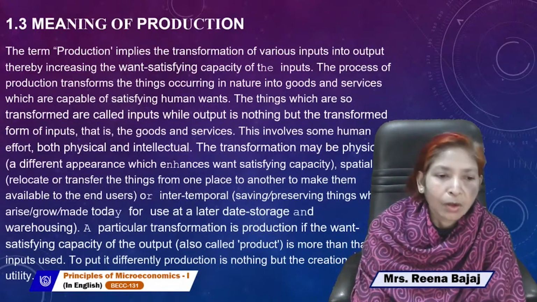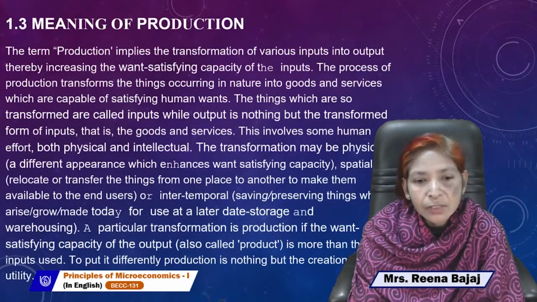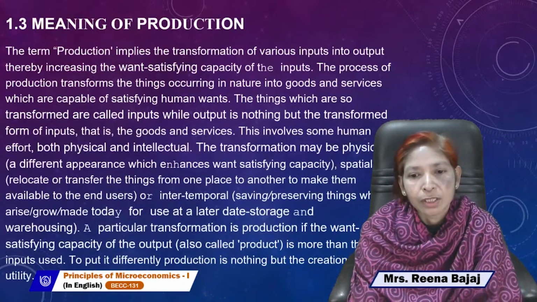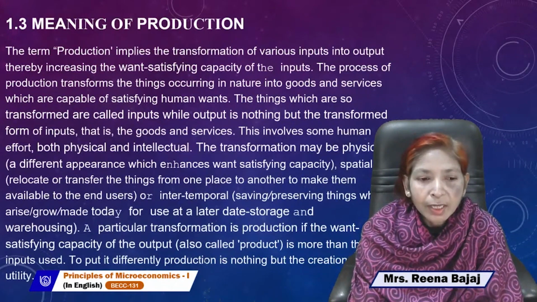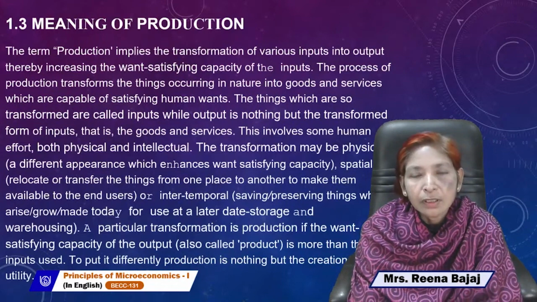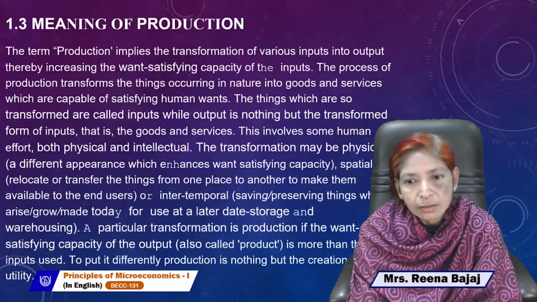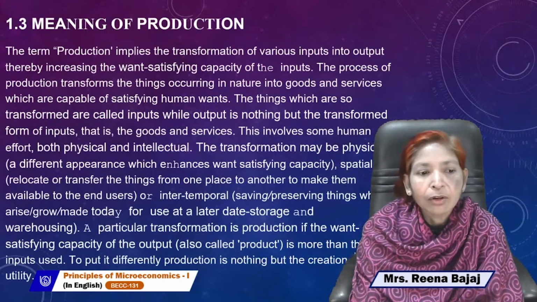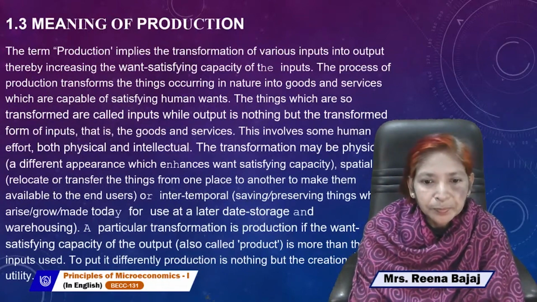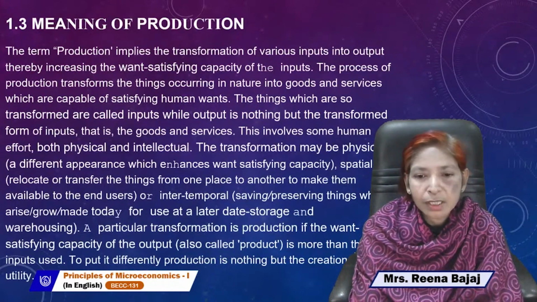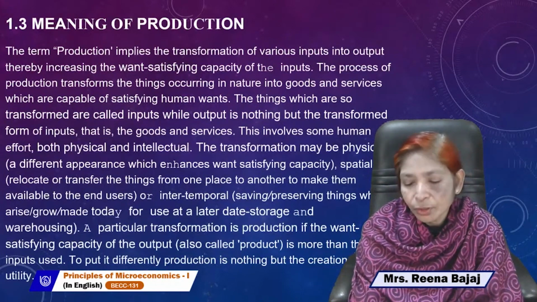storage and warehousing. A particular transformation is production if the satisfying capacity of the output, also called product, is more than that of input used. To put it differently, production is nothing but the creation of utility.